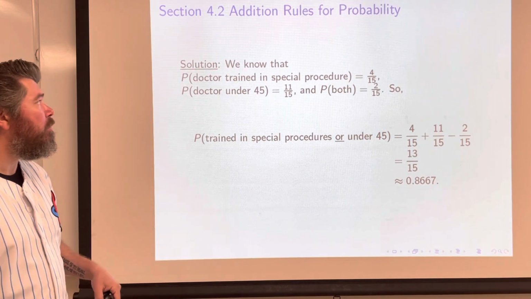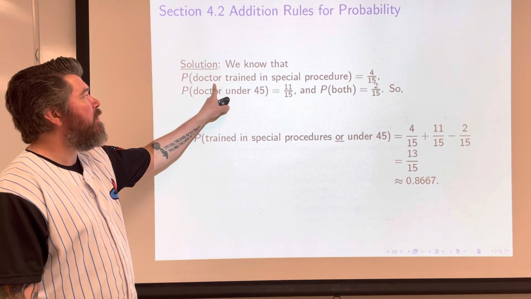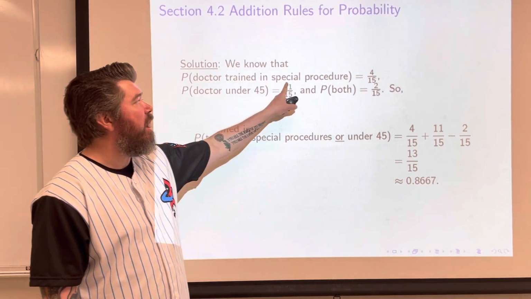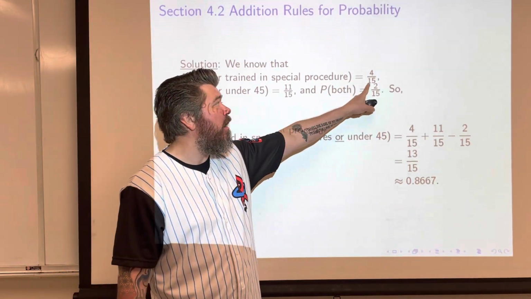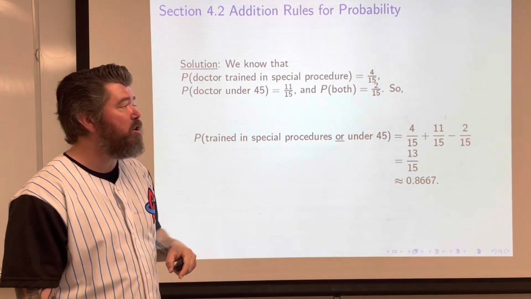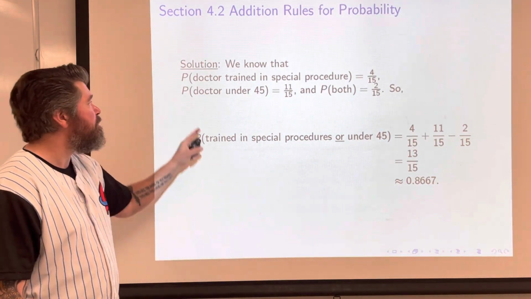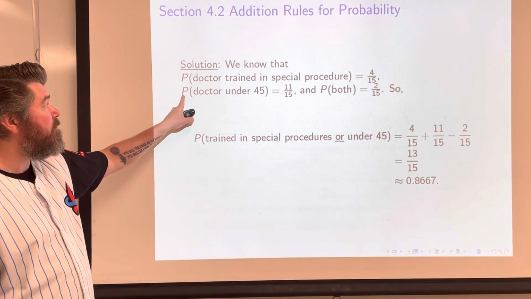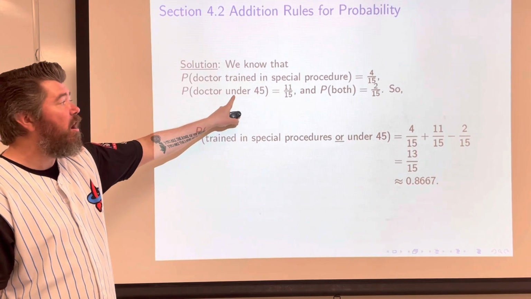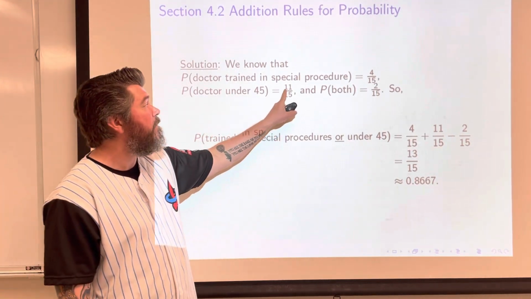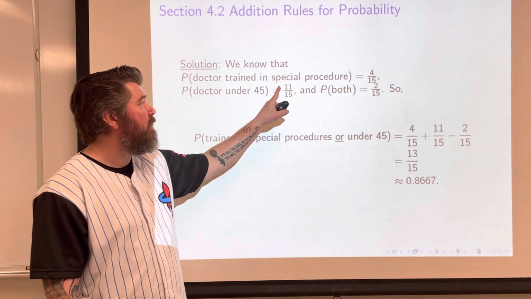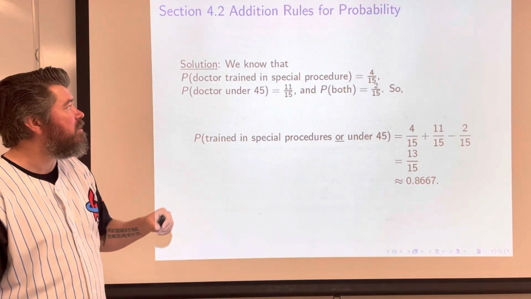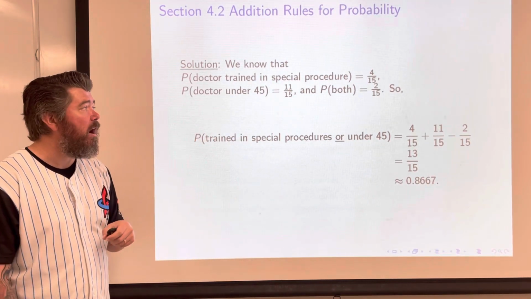Now, we know that the probability of getting a doctor trained in special procedures is 4 out of 15. There were 15 doctors and 4 of them were trained in special procedures. We also know from the problem that the probability of getting a doctor under the age of 45 is 11 out of 15, because there were 11 out of the 15 doctors that were under the age of 45.